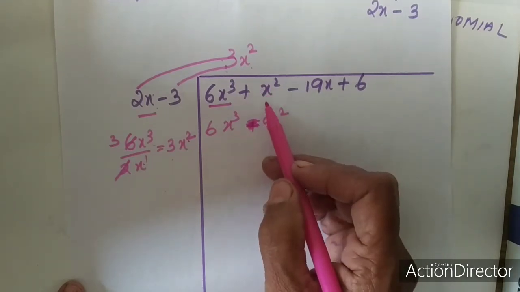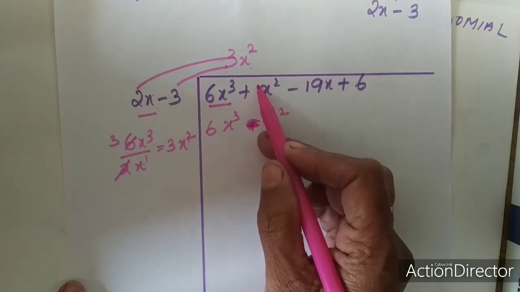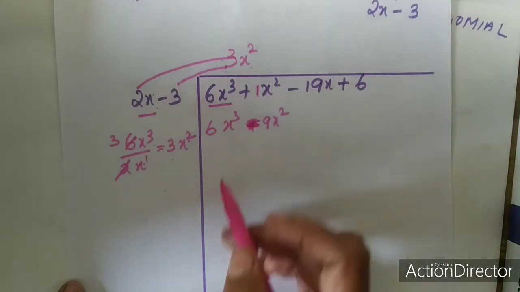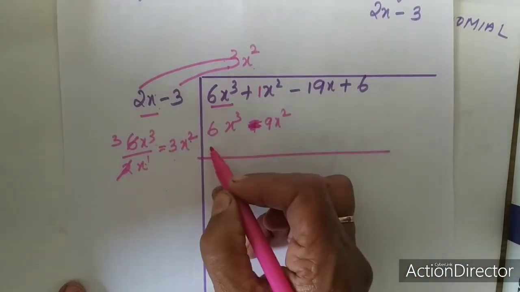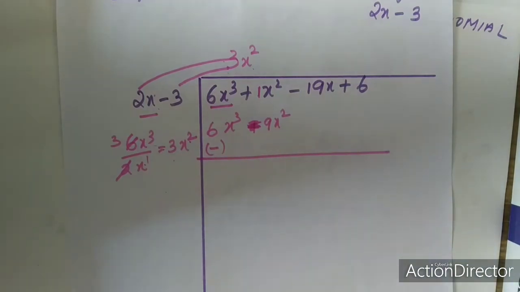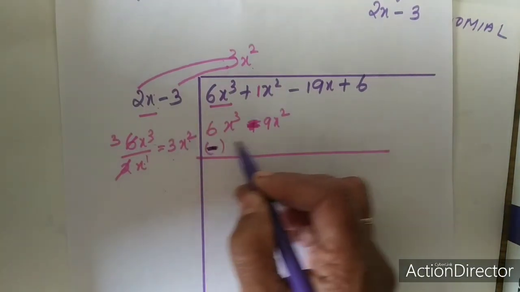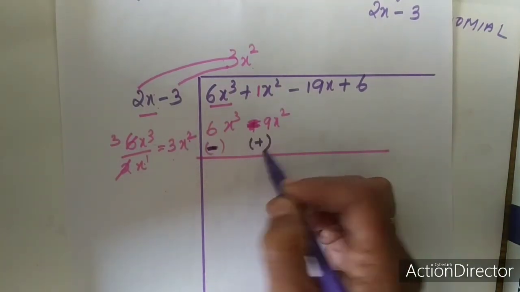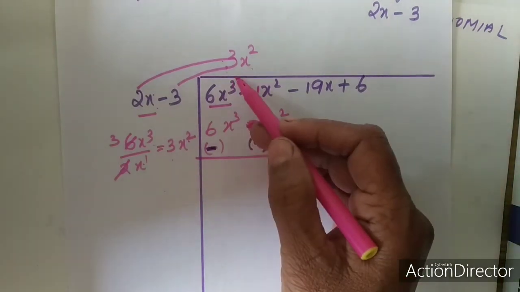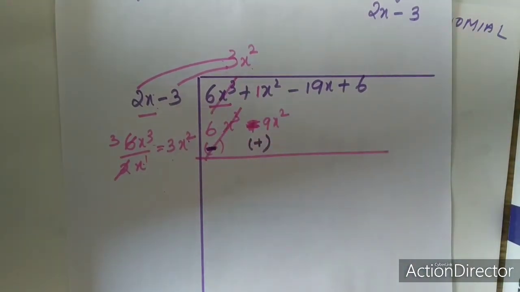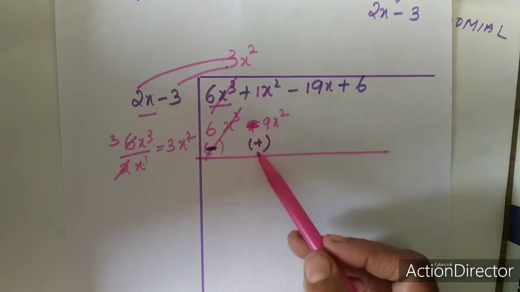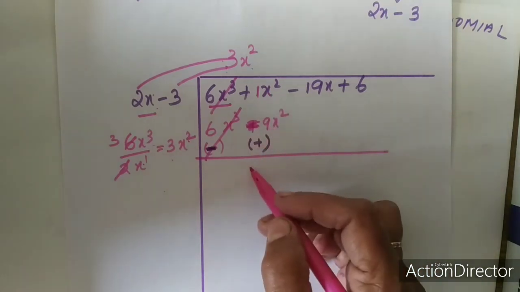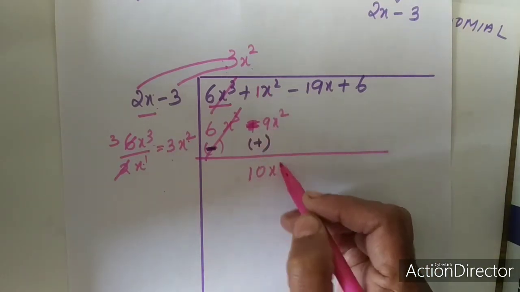Now if no number is given, you have to take it as 1 over here. Now you subtract, minus changes to plus. 6x³ minus 6x³ will get cancelled. Plus 1 plus 9 gives me 10x².